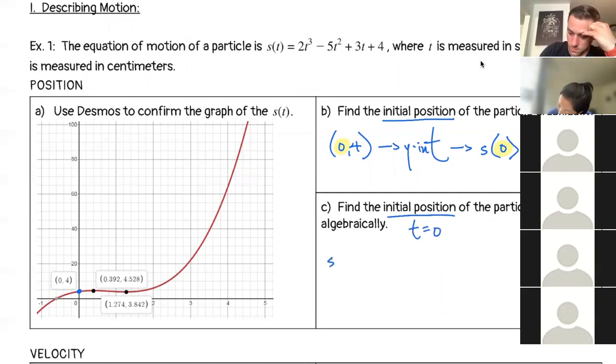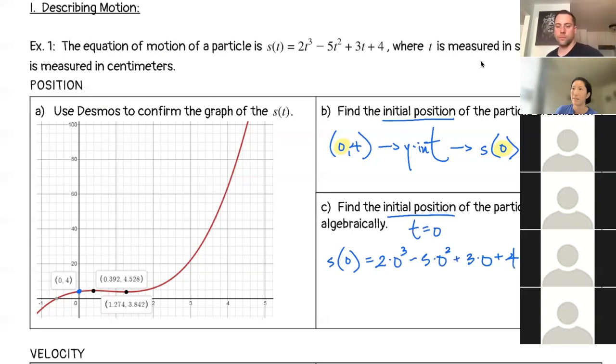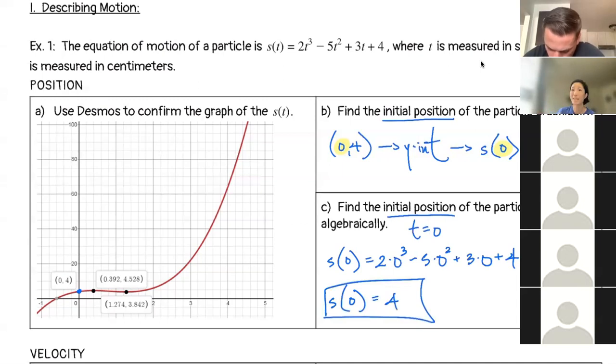We're going to grab that equation, and everywhere we see a t, we're going to put a 0. So 2 times 0 cubed minus 5 times 0 squared plus 3 times 0 plus 4. All right. Lots of things go to 0, and lo and behold, s of 0 equals 4. And that's great because it matches the point we chose on the graph. It matches what we said was the y coordinate or the y-intercept. That matches that initial position. Okay.